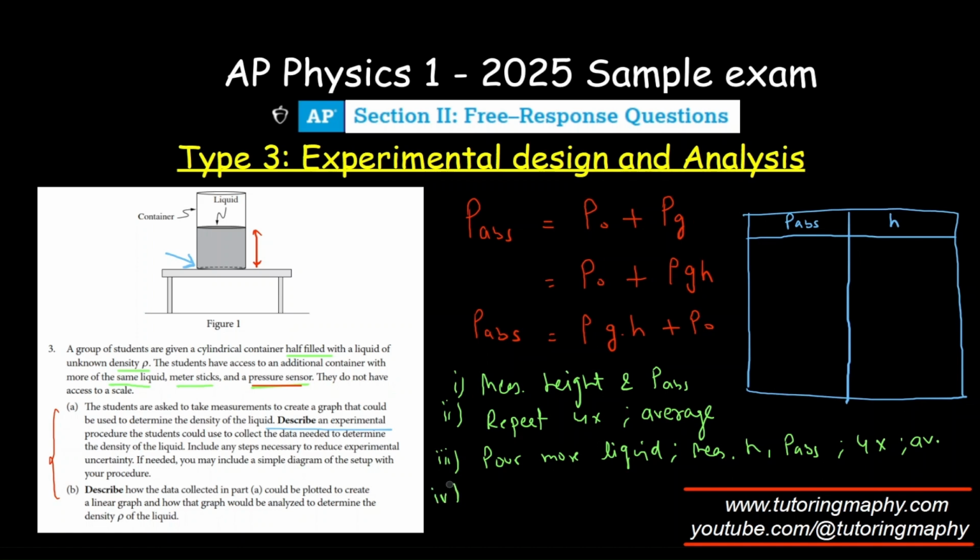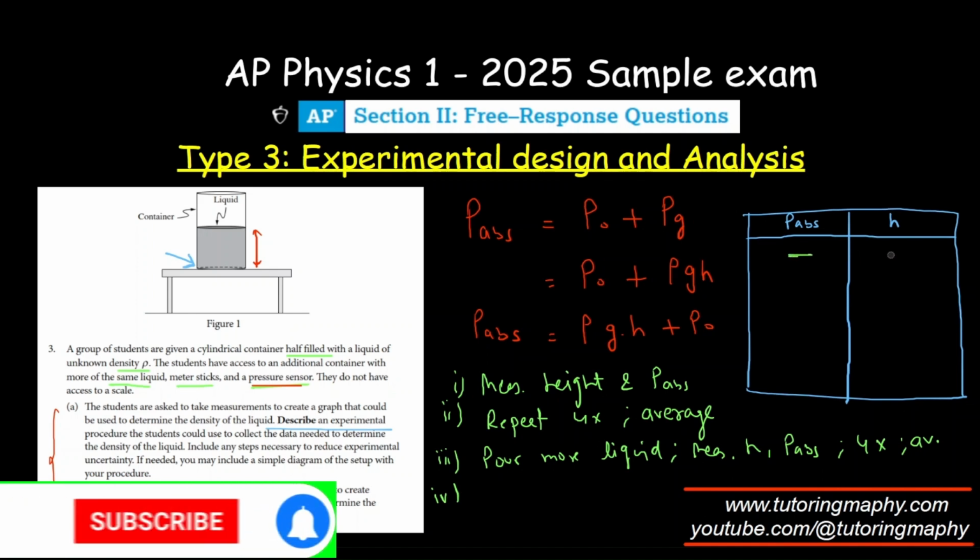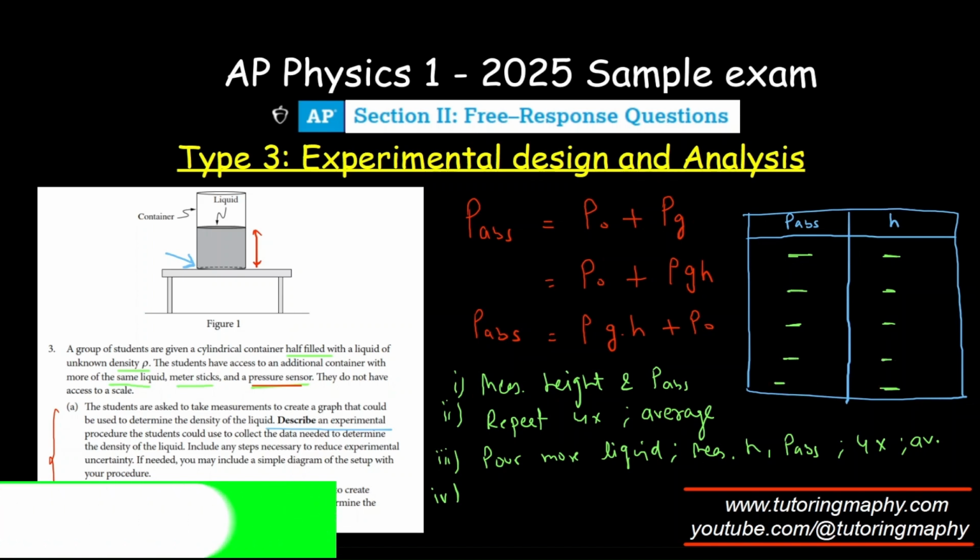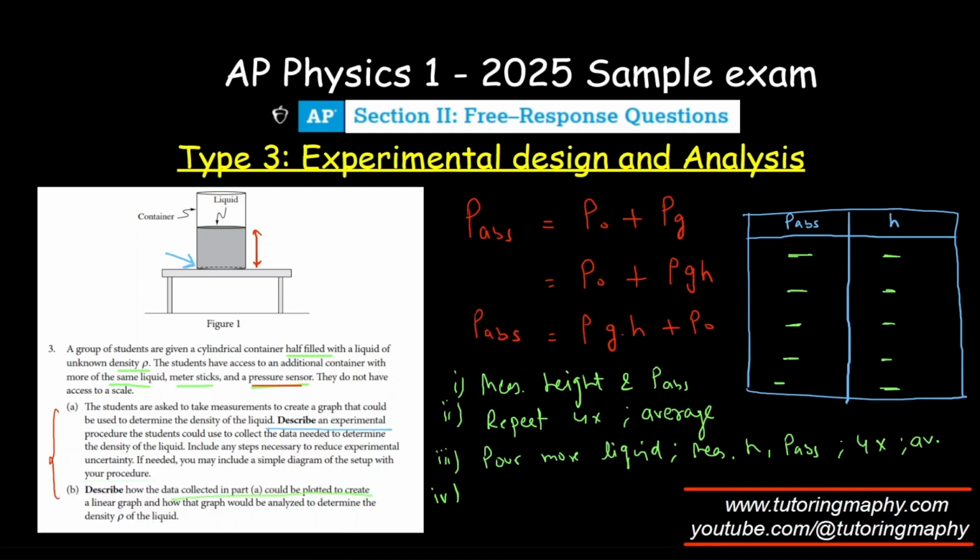And repeat this for at least 5 readings, so 5 different heights. So we will have absolute pressure and height for reading 1, reading 2, reading 3, reading 4, and reading 5. And then, to describe how the data collected would be plotted, I'm going to plot the absolute pressure on the y-axis, as we can clearly see, and the h will be on the x-axis, which is over here.